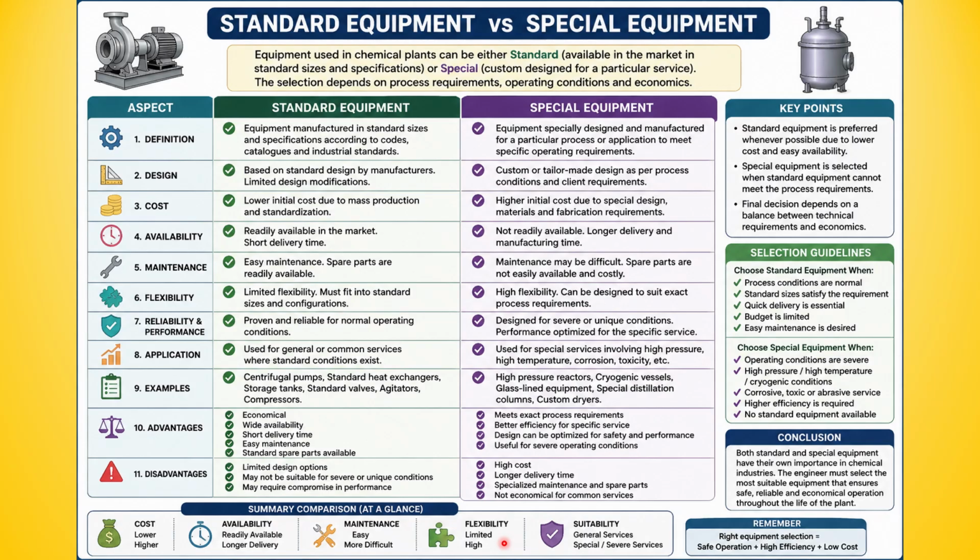Flexibility: in standard equipment flexibility is limited. However, if you have a special equipment, you can give provision as much as you want for flexibility. And the last one is suitability. For all the general services we go with standard equipment, for all the special services we go with special equipment. Okay, so these points I have already concluded here.